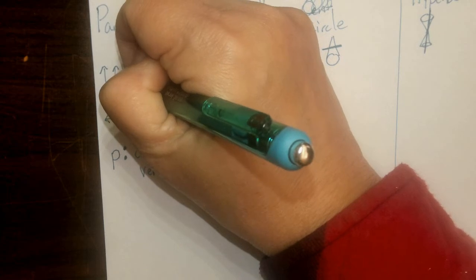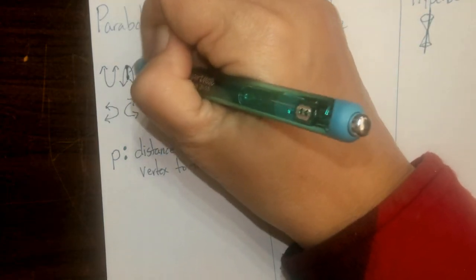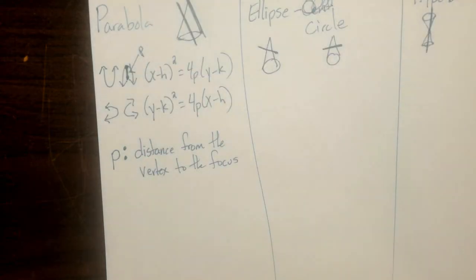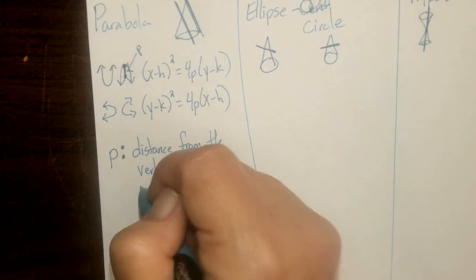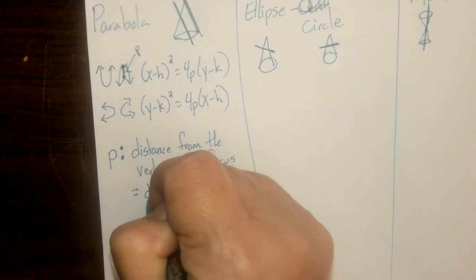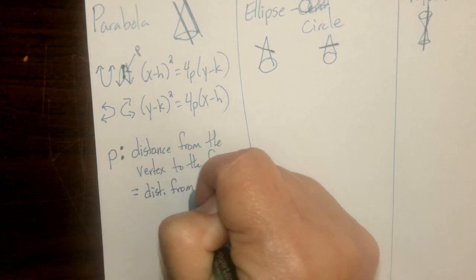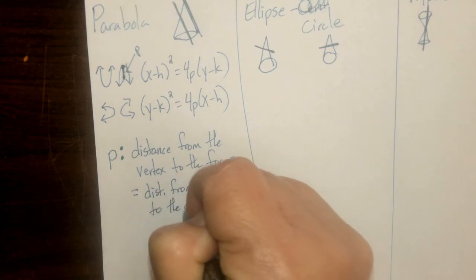My focus is inside my parabola. The distance from the vertex to the focus, that's p right there. That is also equal to the distance from the vertex to the directrix.